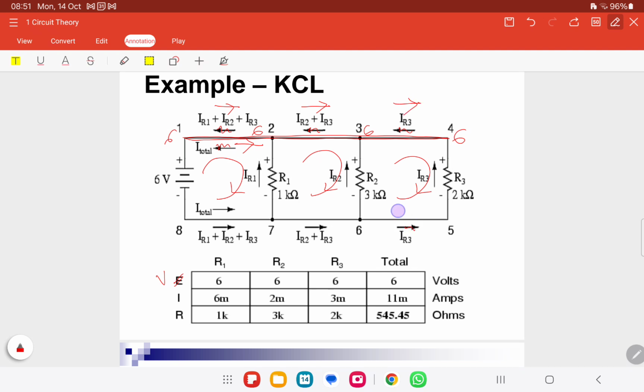Tapi actually for the direction ni, dia cuma bagi nilai positif negatif terbalik lah. Okay. Alright. So this one, if we want to get for the IR1 is, IR1 kat mana sini? So IR1 is sini 6 over ni apa, 1K. 6 bahagi 1K.